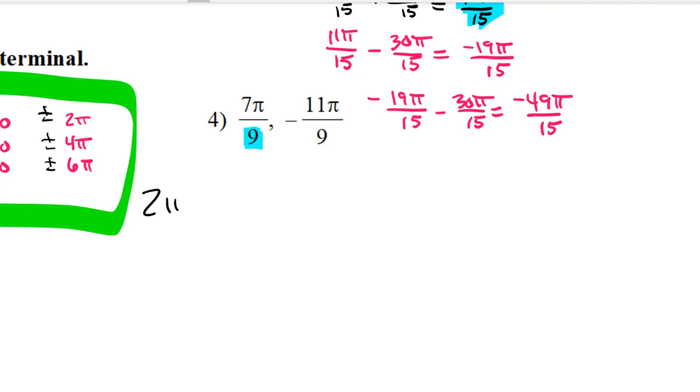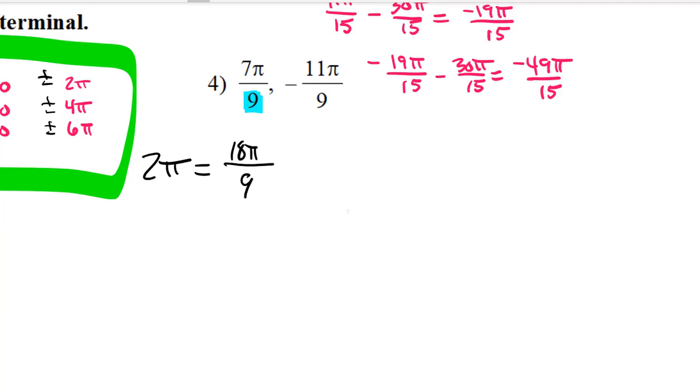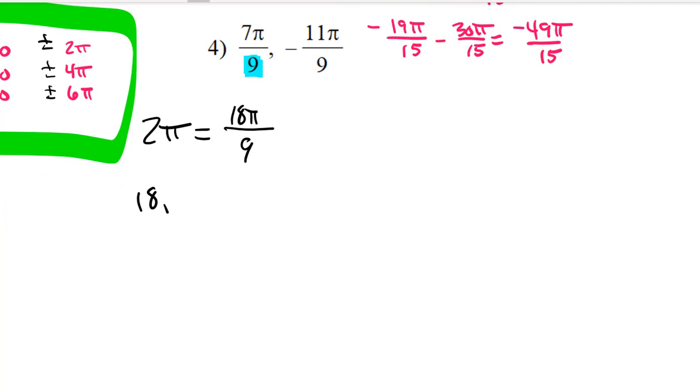That's 9 times 2, which is 18. So 18 pi over 9 is what we would look for multiples of. We want to see if the number we get when we find the difference between these two is a multiple of 18: 18, 36, 54, 72, and so on. They could be positive or negative, it doesn't matter.